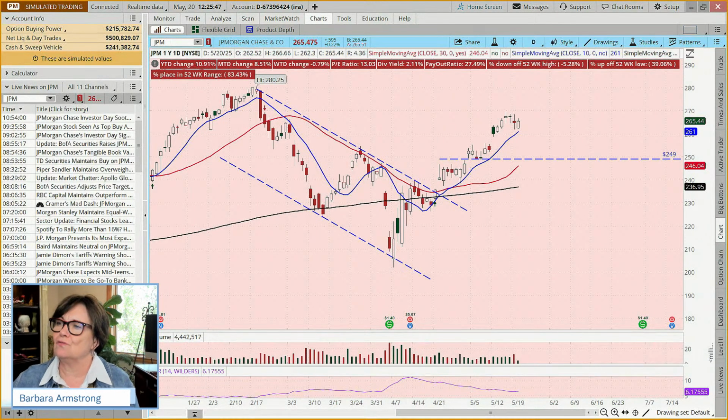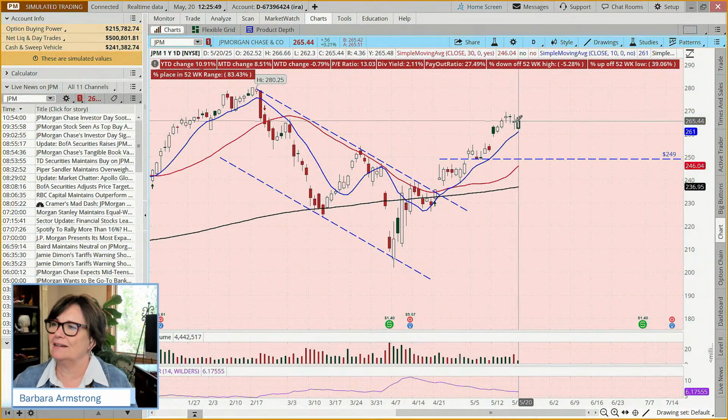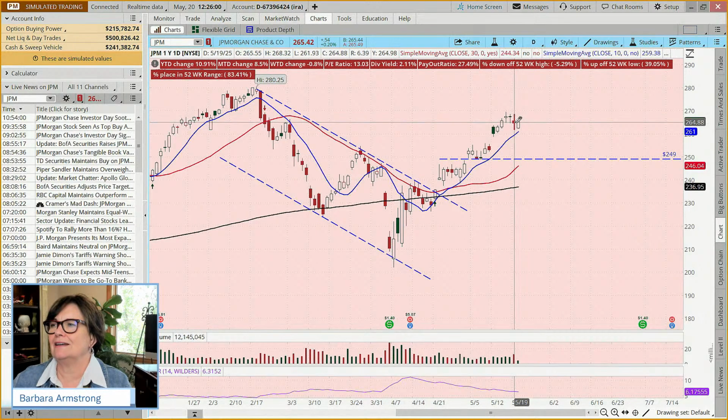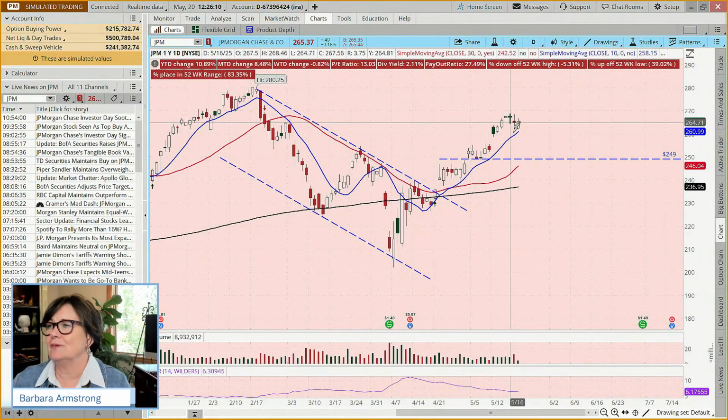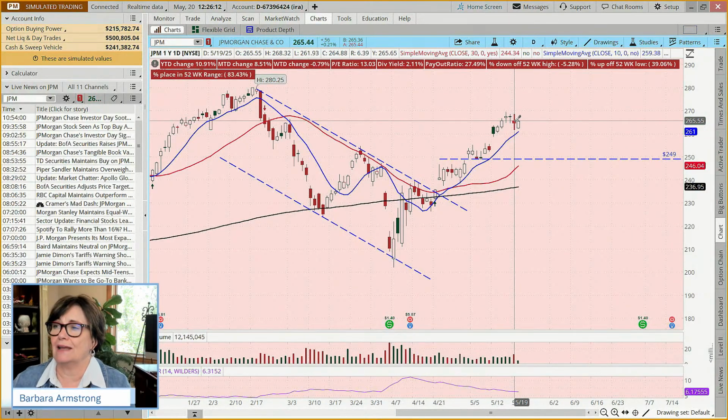Okay. So when we see this happen, we opened yesterday at 265. We closed at 261, and now it's trading not above the high of this candle, but above the high of the body.